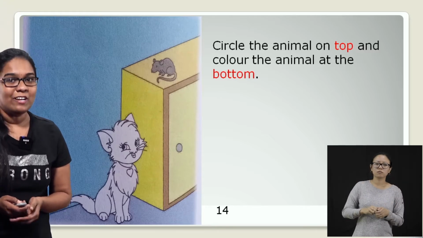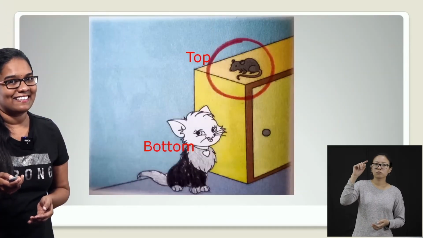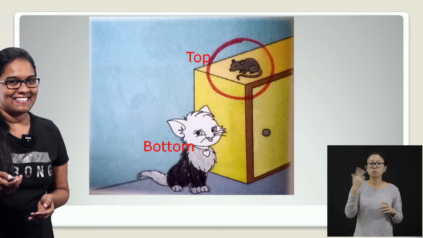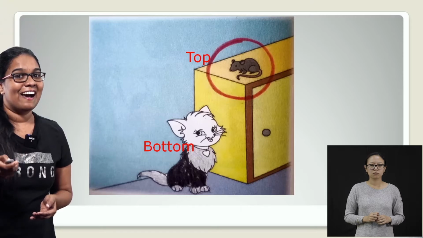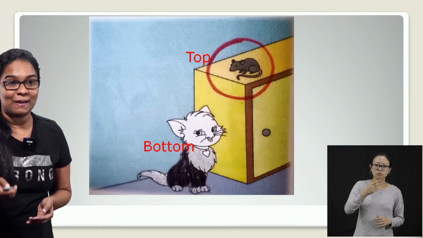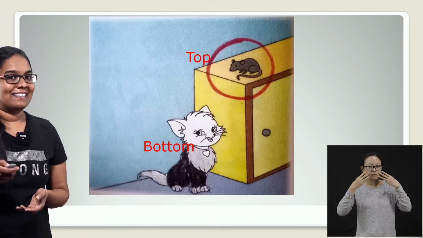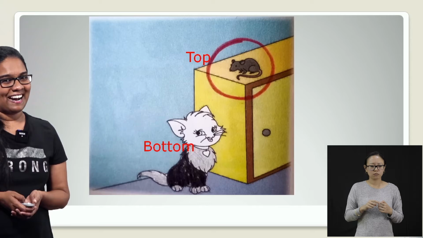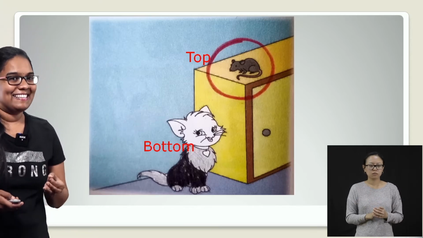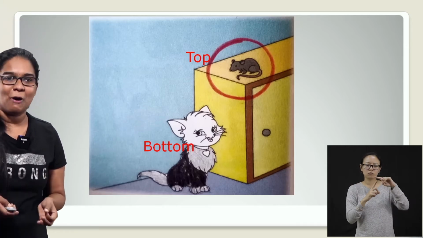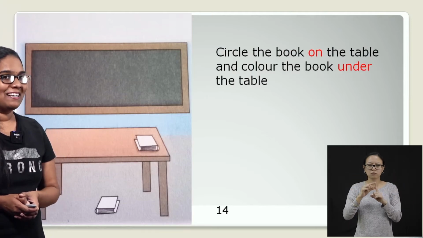You have to circle the rat like this. Rat is at top. T-O-P, top. Then you have to color the cat because the cat is sitting at the bottom. What is the spelling of bottom? B-O-T-T-O-M, bottom.